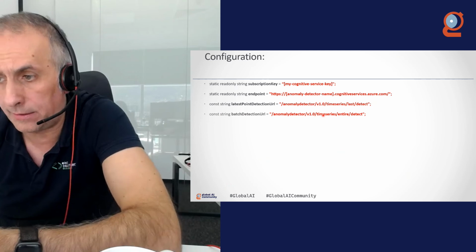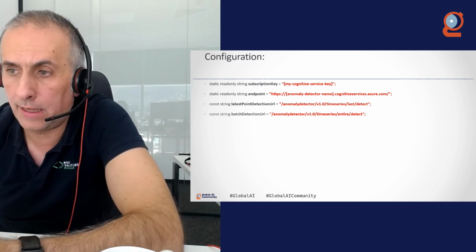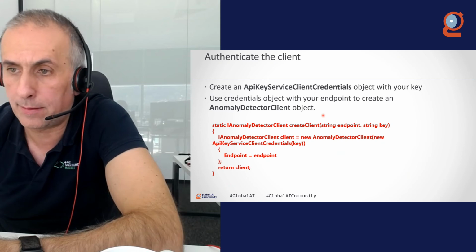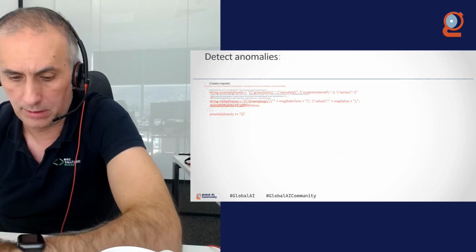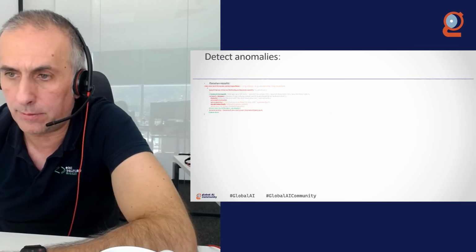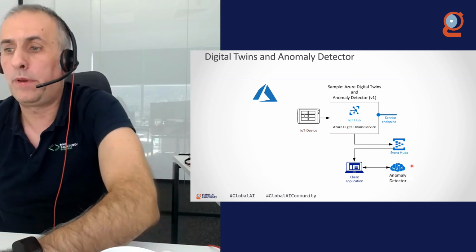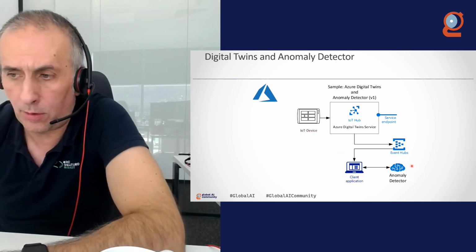You need to create an instance of this service. You need to get a key and to access the endpoint. I'm not sure if we have time to make some demonstrations. If not, we can make this offline.